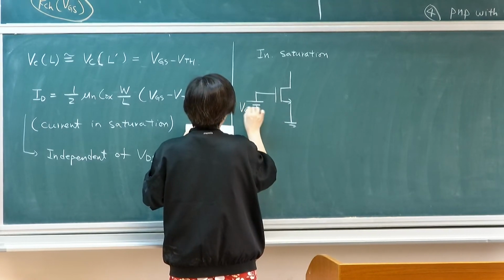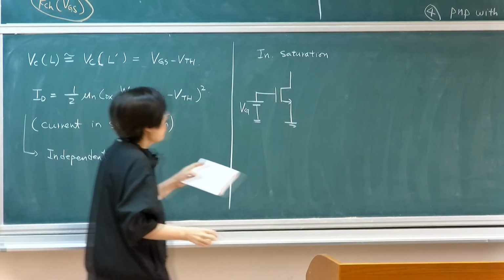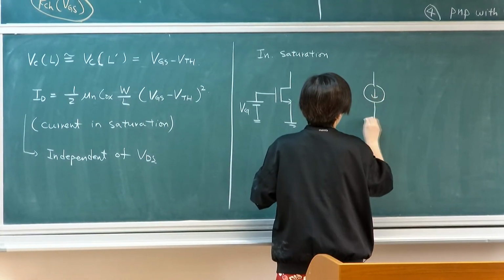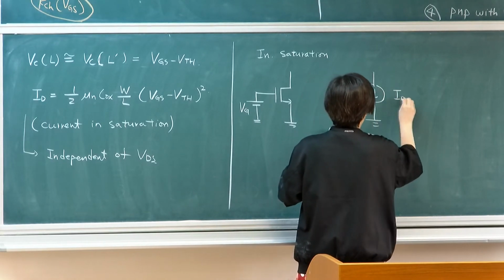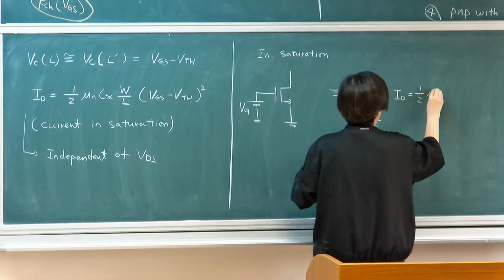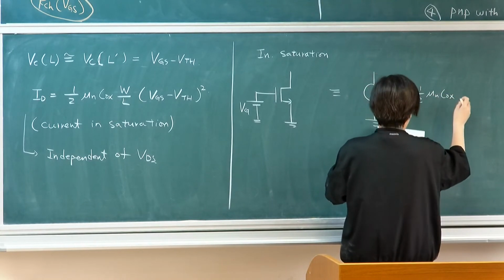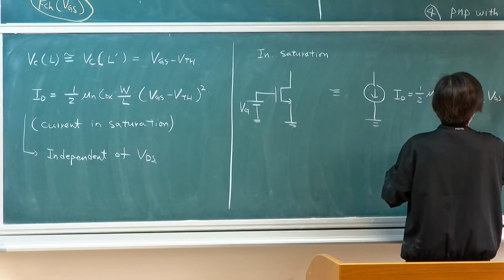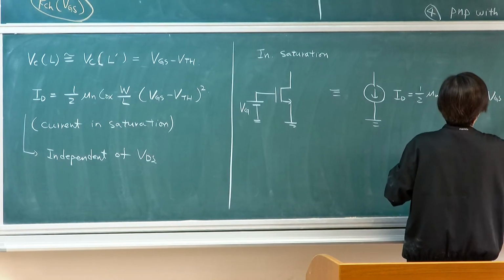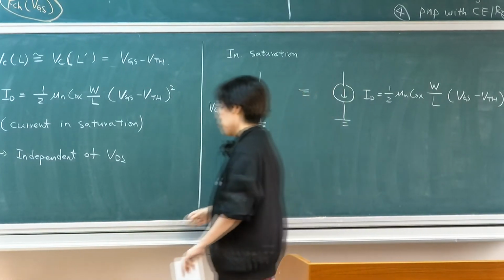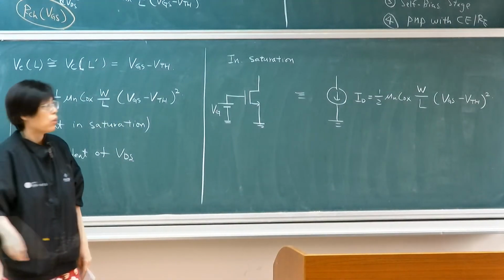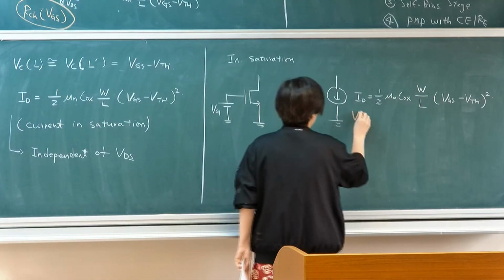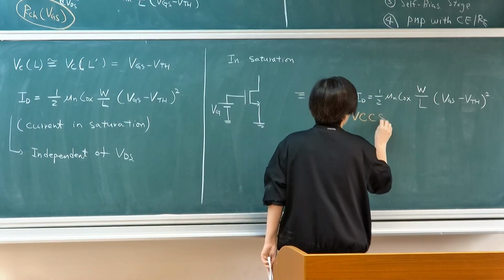If I'm giving you a fixed VDS, then you would have what we actually want for a voltage amplifier, which is a voltage control current source.